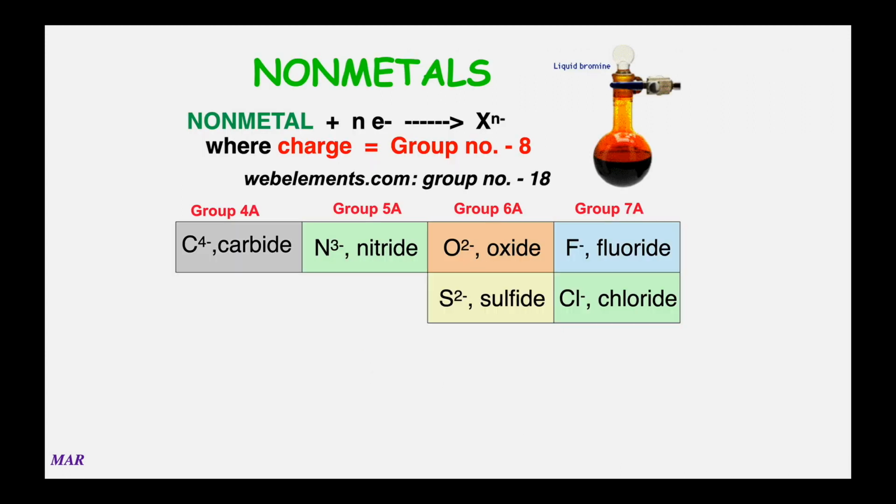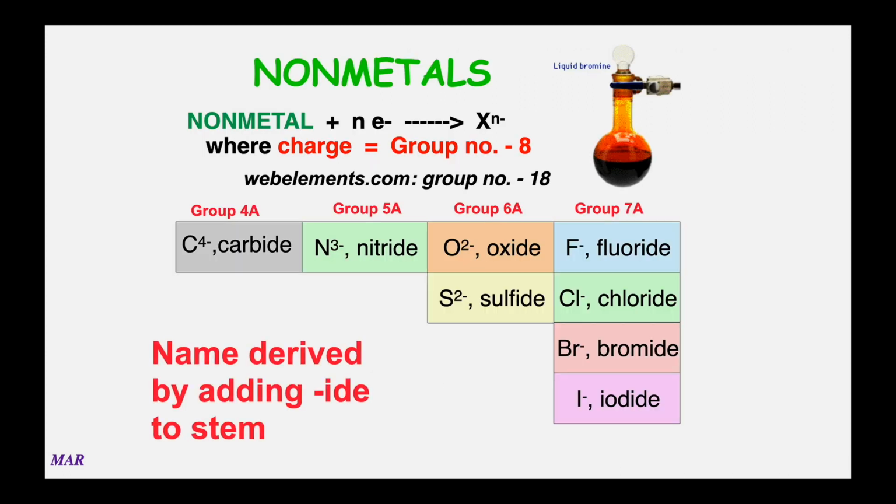The nonmetals are really important to chemists, and nonmetals have fixed charges, but fixed negative charges, and that's going to be really important. These are some of the representatives from that upper right corner, and the way to figure out the negative charge is you take the group number and subtract 8.